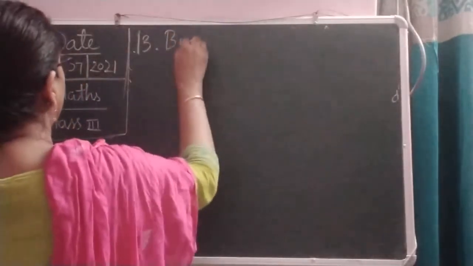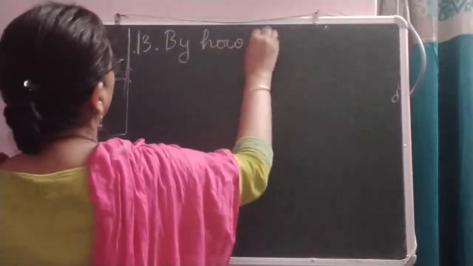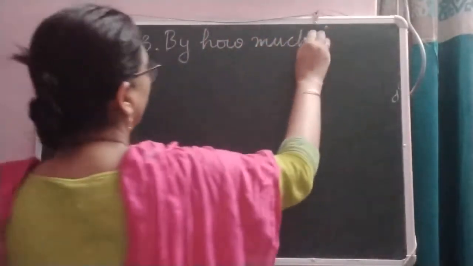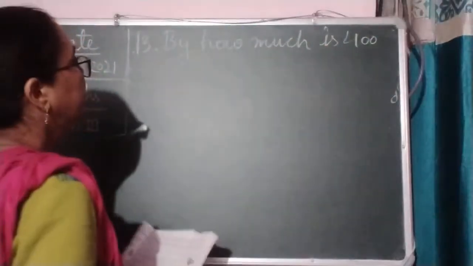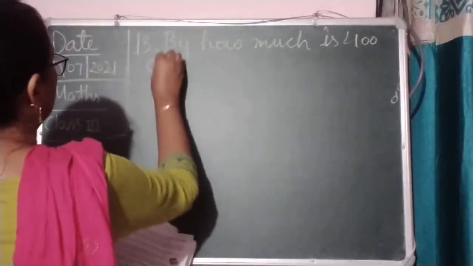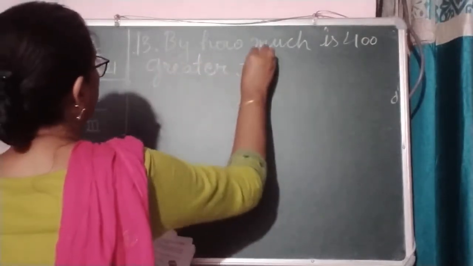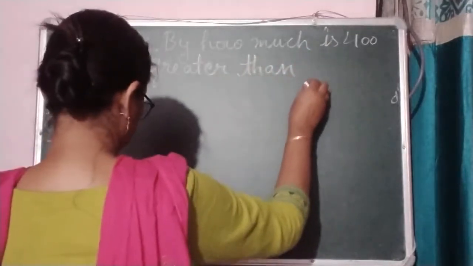So children, first we will write by how much is 400 greater than 307?